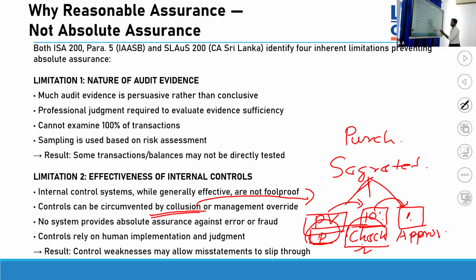So it will reduce the errors. Obvious now, because there are three persons involved in making the payment, right?